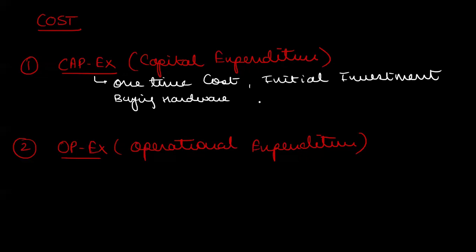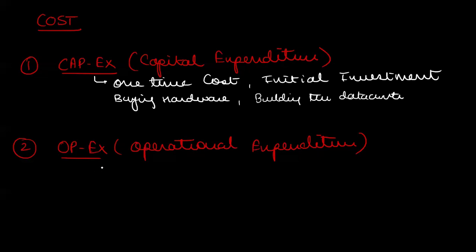For example, buying hardware, building the data center. Let's say the data center building did not exist and you constructed a new building. So that is also a one-time cost. You're not going to construct the building every month or every year, right? It's a one-time cost. Once it's done, right? So that is the capital cost. The one initial cost that you have to only pay once.